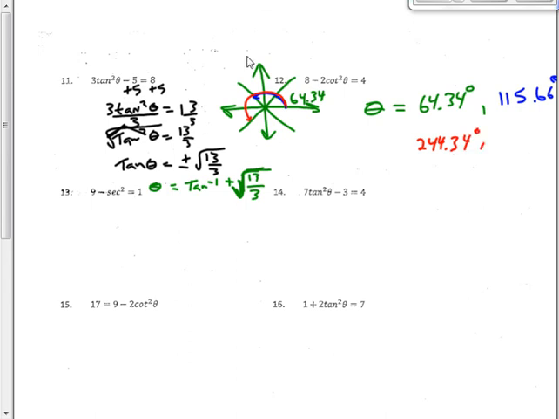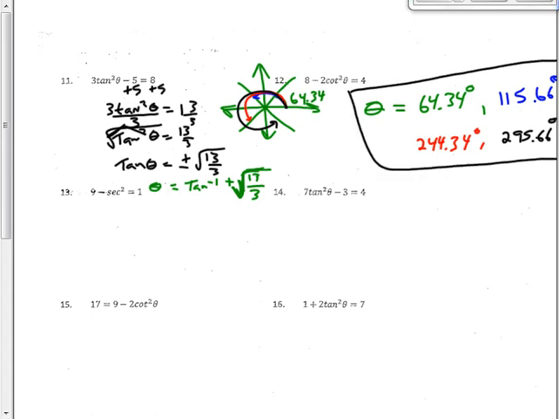And then the final one is this one that goes all the way around, which is 360 minus that 64.34, which is 295.66 degrees. So I end up with these 4 answers.